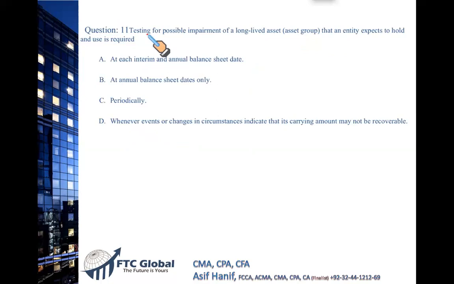Next, testing of possible impairment of long-lived assets. Zahid, this is specifically for you. Testing for possible impairment of long-lived asset or group of assets that an entity expects to hold and use is required when at each interim and annual balance sheet? No, we have just read that. Not on annual balance sheet only or periodically.